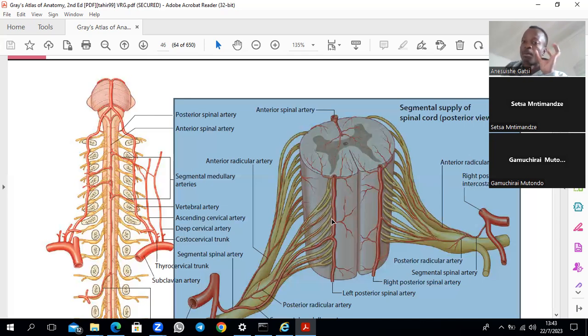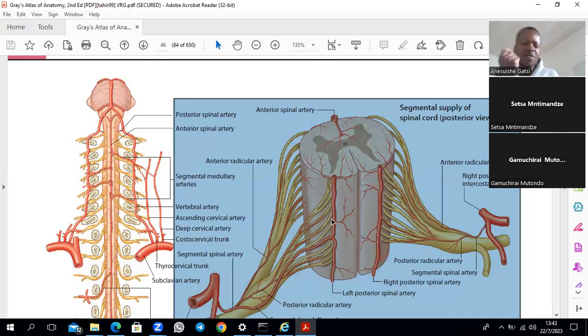PICA is also a branch of the vertebral artery. So the vertebral artery can give off the posterior spinal artery directly, or it gives off PICA, which then gives us the posterior spinal artery, right? So it would be okay to just know for now that there is an anterior spinal, then there are two posterior spinals, right?